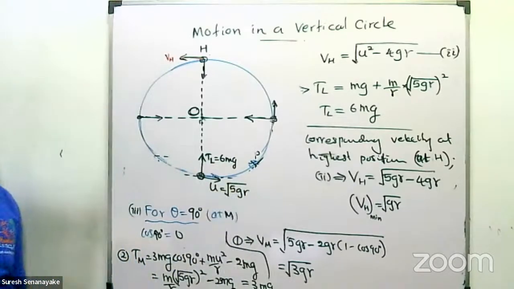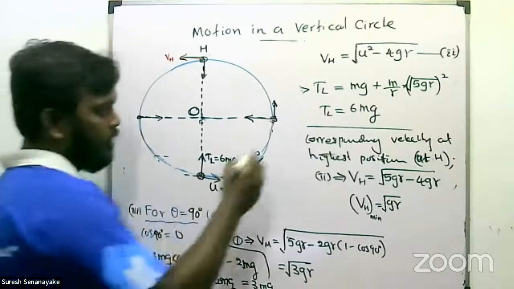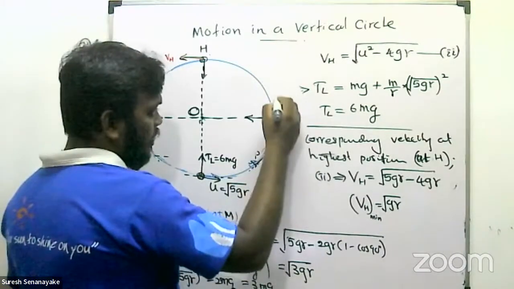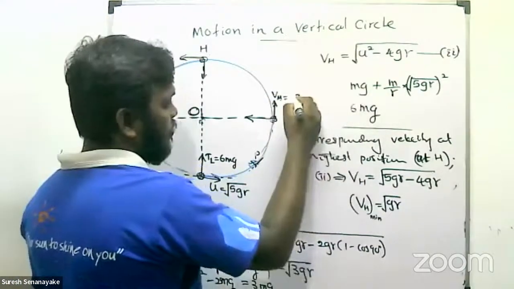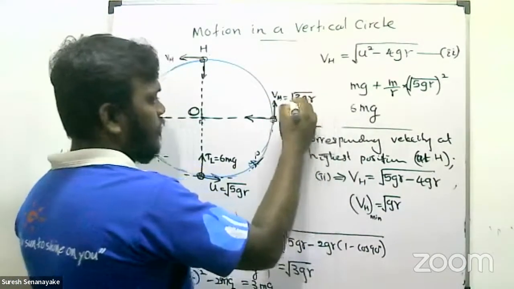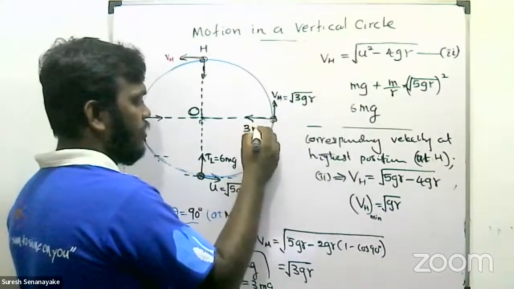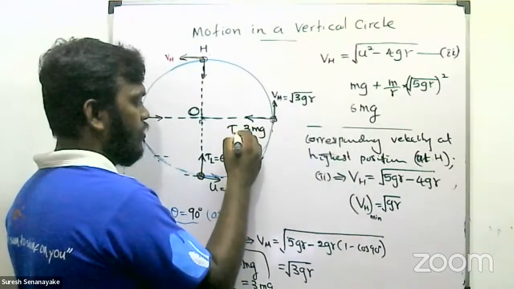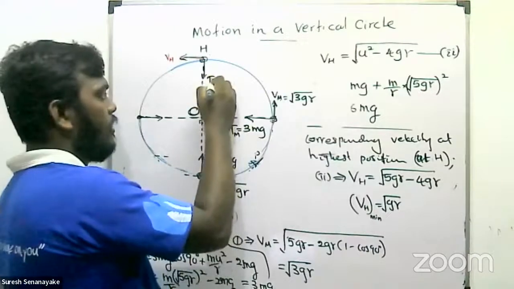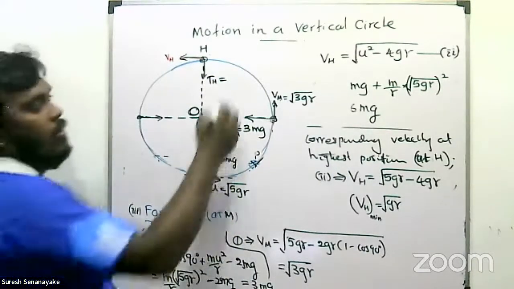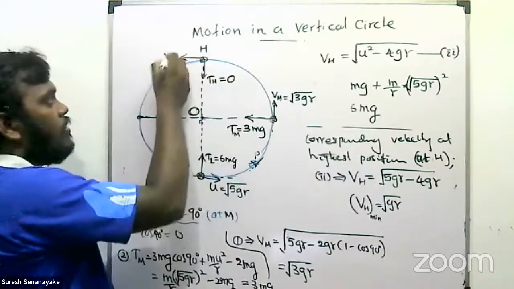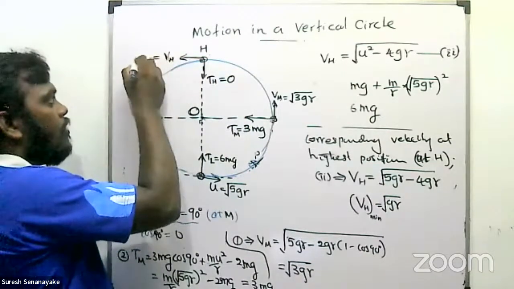Clear? And then here, the velocity Vm should equal the square root of 3gr, and the tension should be 3mg. And here the tension should be equal to 0, and this velocity VH should be equal to the square root of gr.